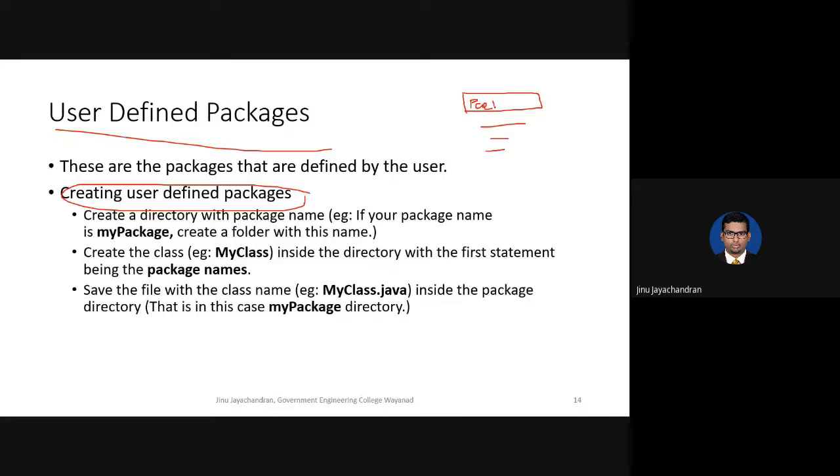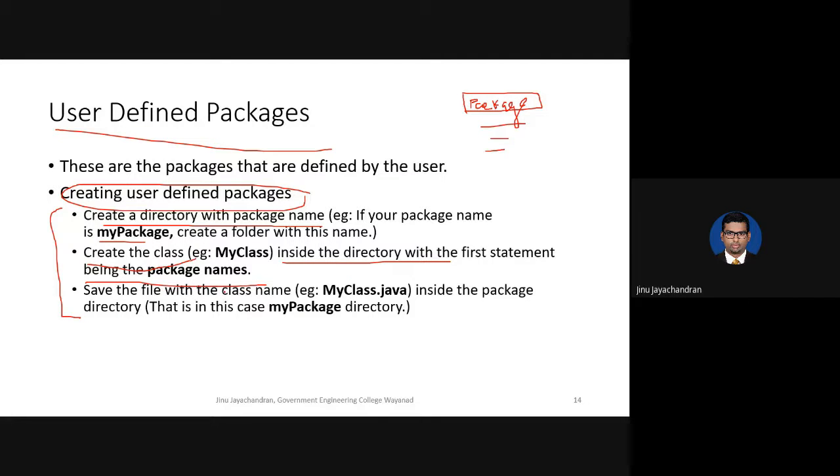So you write package, and say that this belongs to my package. These are the steps on how you can create your own package. You create a directory with a package name, for example, mypackage. You create the class inside the directory with the first statement being the package name.